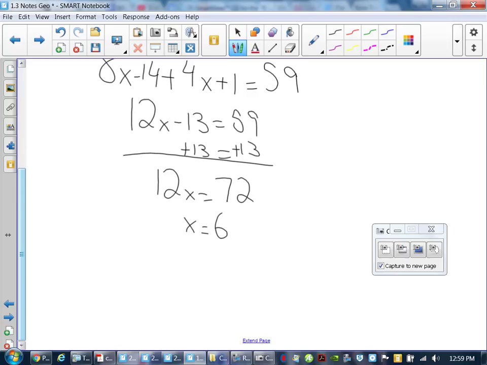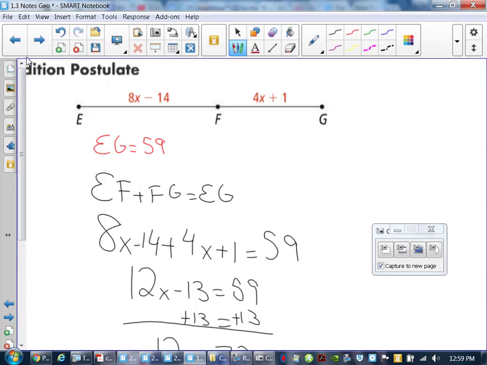Use some sort of machine that would allow you to compute values. Now, again, it said x is 6, but if x is 6, I have to take that value and substitute it into here, in here.